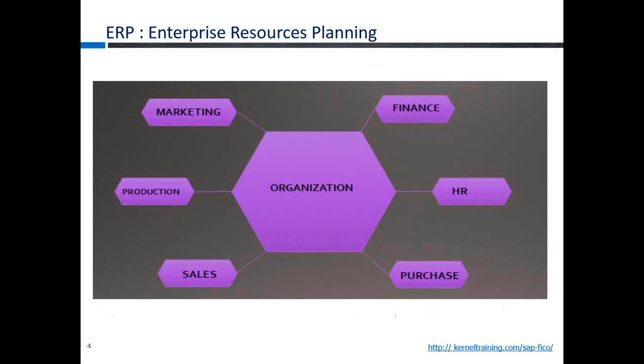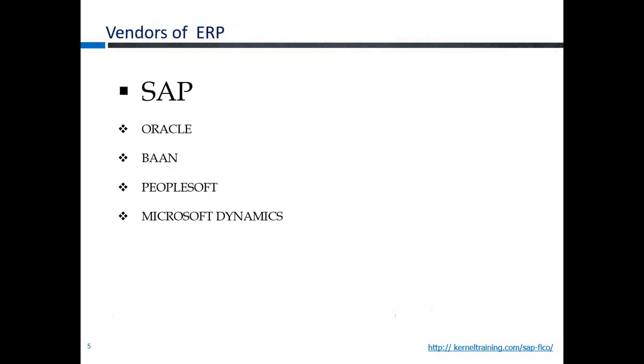None of the organizations can run with one department, like marketing but no finance, or HR but no purchase. It is a combination of different departments, and ERP is the one which connects each department and helps the organization achieve the prime result, which is to increase the profit and increase the sales. I think this will be clear for you to understand enterprise resource planning.